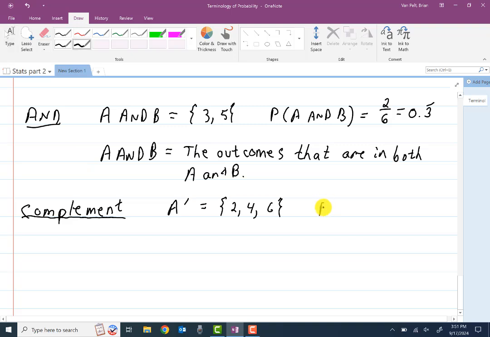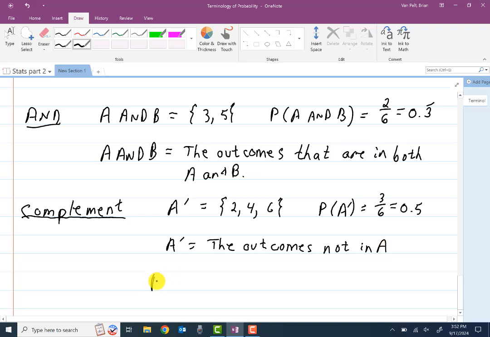Of course, the probability of A prime equals 3 out of 6, or 0.5. And so A prime, the definition is the outcomes not in A.